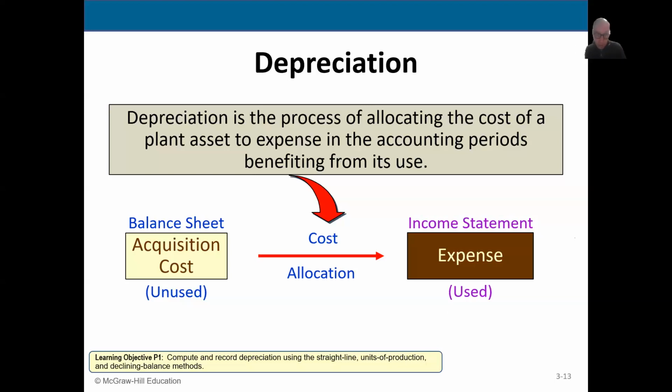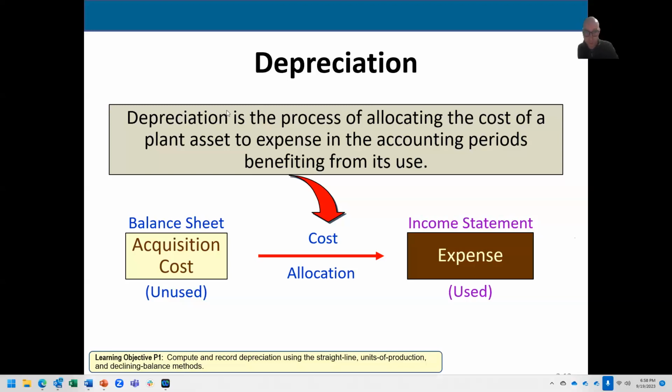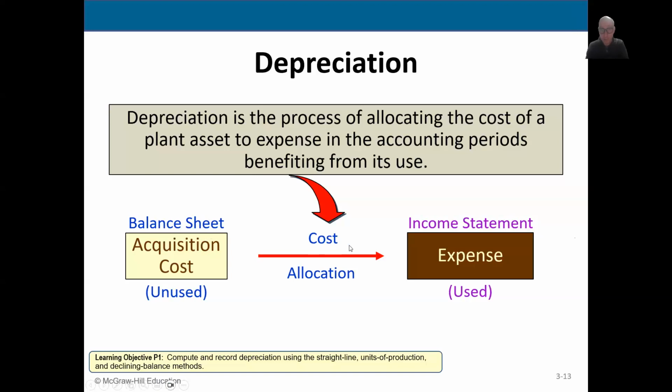Buildings, equipment, vehicles, etc. Those are all fixed assets. They're on our balance sheet, and we record those at the acquisition cost. Over time, we record the depreciation at the end of each year. We debit depreciation expense and we credit accumulated depreciation.